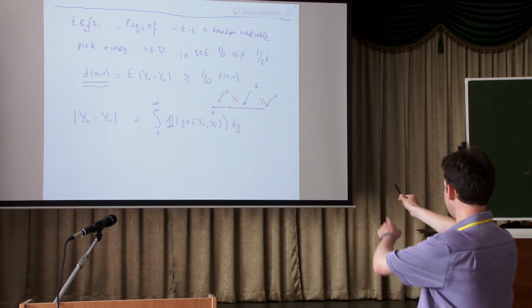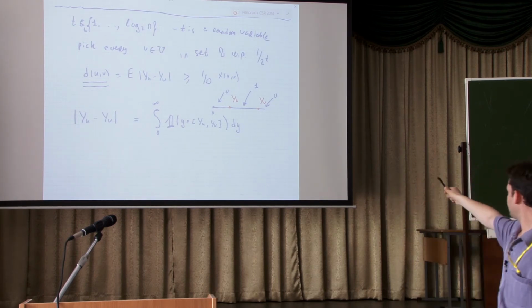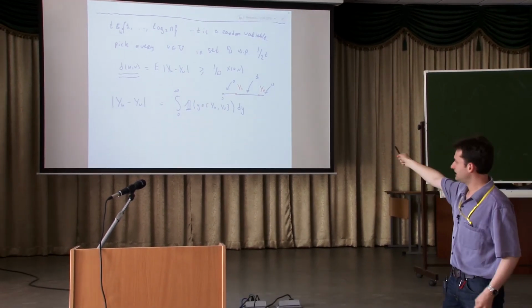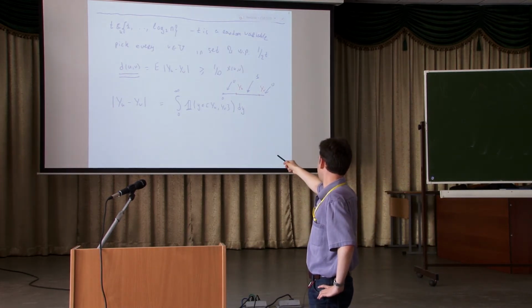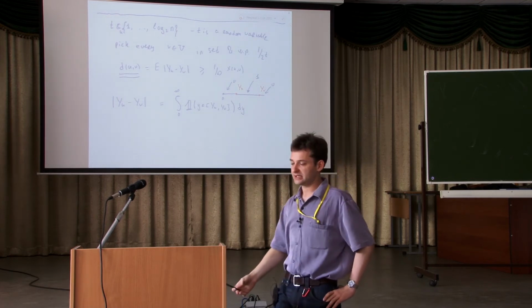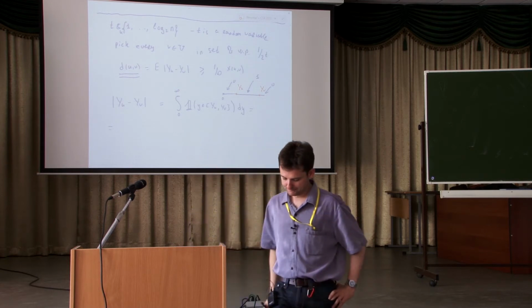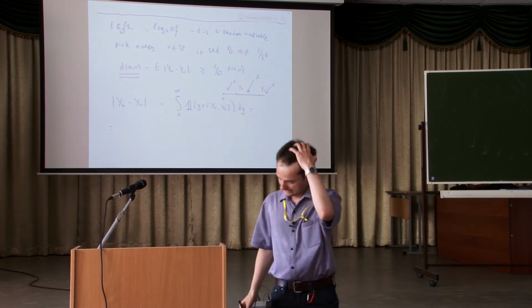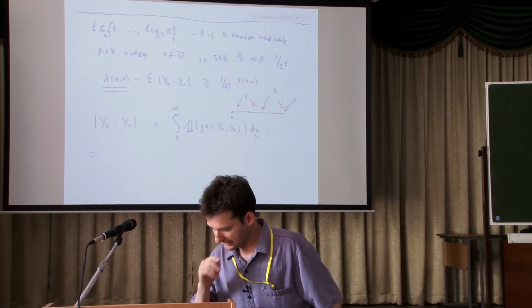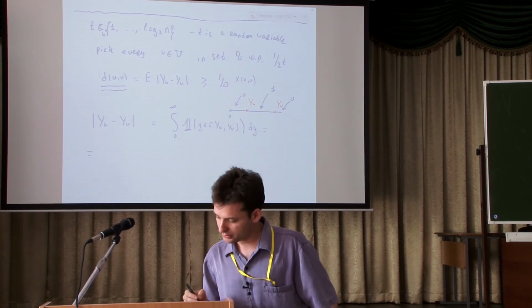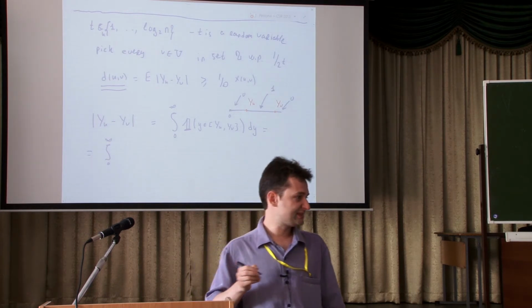We have this integral, and we have 1 in the interval between yu and yv, so its contribution is 1, and 0 otherwise. So obviously the absolute value of yu minus yv equals that expression.